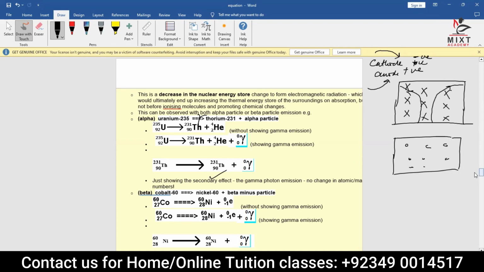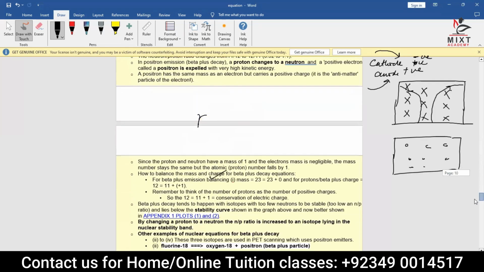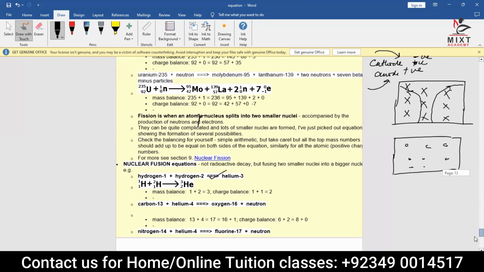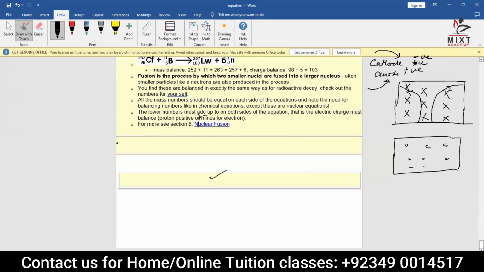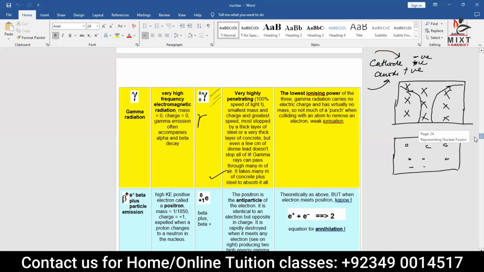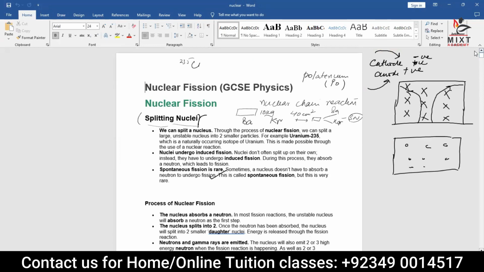Okay. Now, once we're done with all this, what we are left with is not in our course. Now, another small topic. I want you to write them. We will discuss them in the next class, but first I want you to write this nuclear fission reaction.